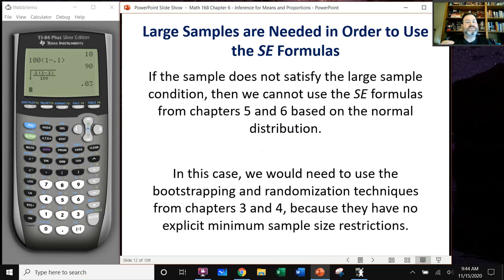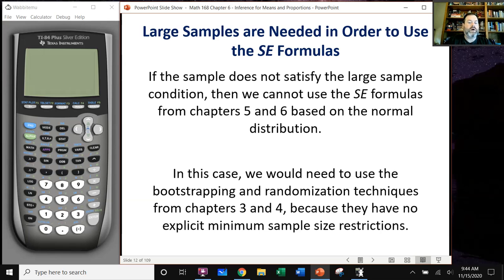If the sample does not satisfy the large sample condition, we cannot use the standard error formulas from chapters 5 and 6 based on the normal distribution. In this case, we would need to use the bootstrapping and randomization techniques from chapters 3 and 4 because they have no explicit minimum sample size restrictions. So if you recall, we saw what a bad bootstrap distribution looks like, right?